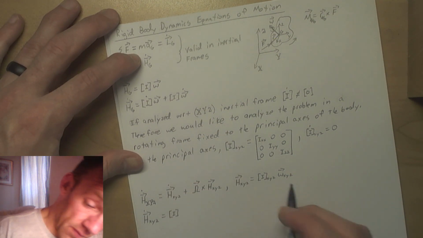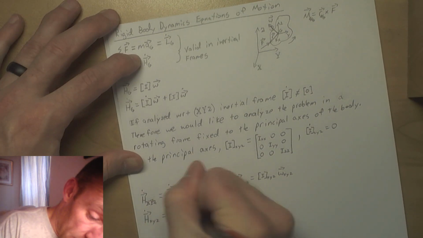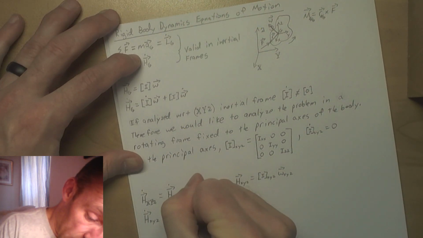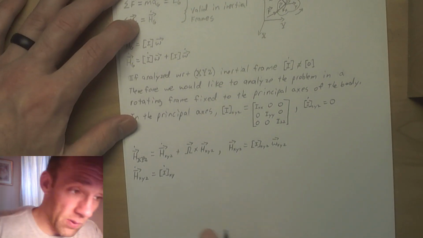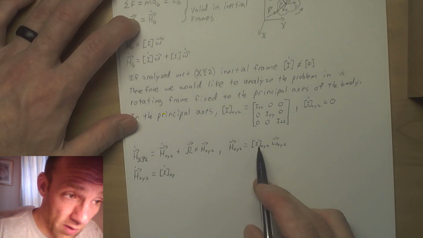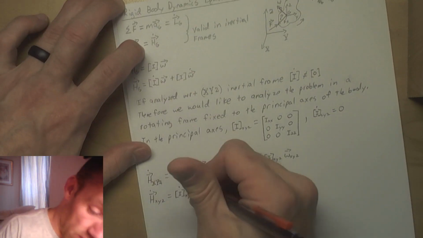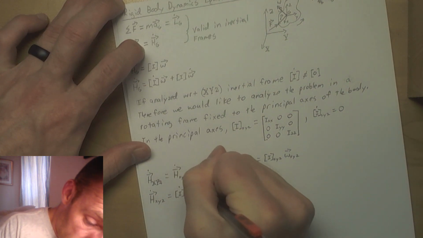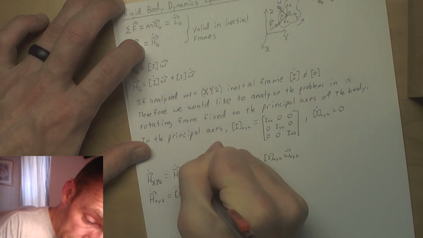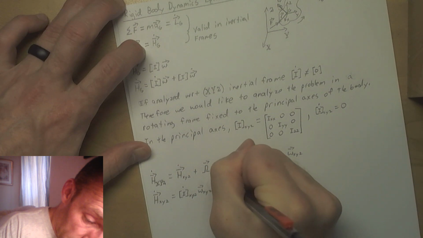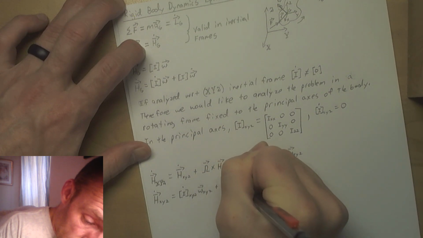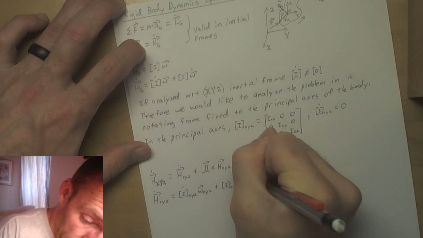Take this derivative, and just for completeness, I'm going to go ahead and include the product rule, right? So the derivative of the first times the second, plus the first times the derivative of the second.